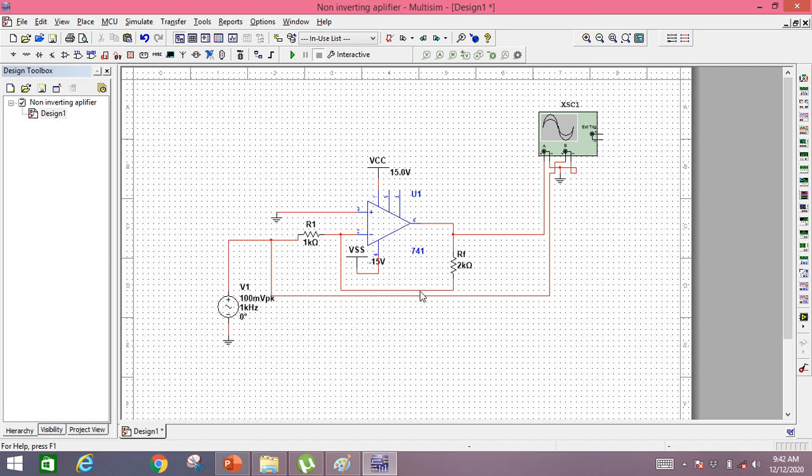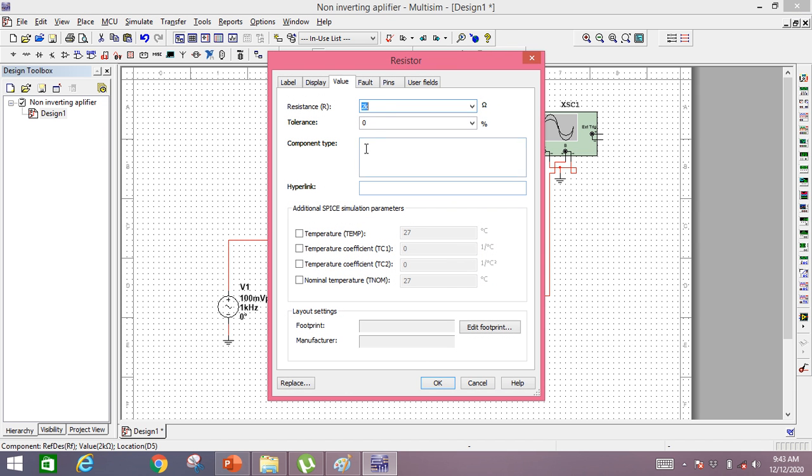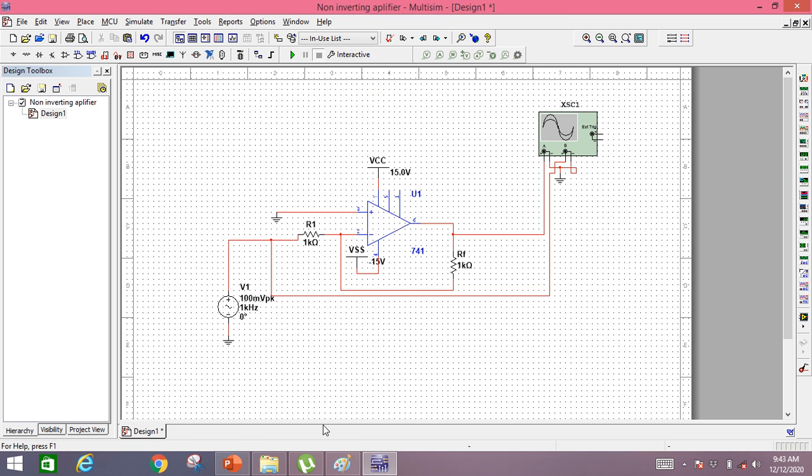Now if I run this circuit, our input voltage is 200 millivolts peak to peak. The RF resistor is 2 kilo ohm. The R1 resistor is 1 kilo ohm. Let's make this resistor 1 kilo ohm first.